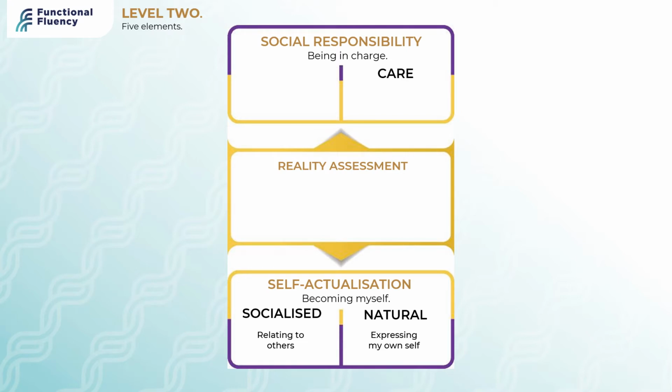In social responsibility, or being in charge, this is divided into ways in which we need to care for people, looking after people and ourselves, and being in control, guiding and directing others and ourselves.